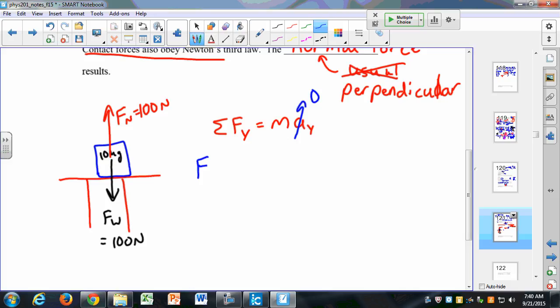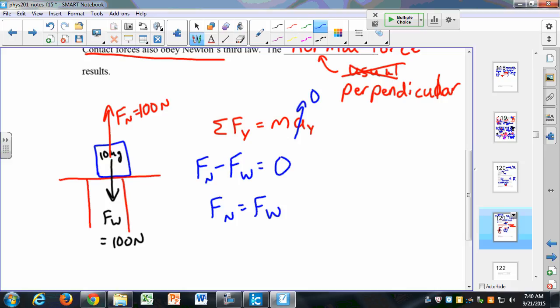Then we say Fn minus Fw equals 0, and so Fn is equal to Fw. That should seem fairly obvious to you here, right? It does seem obvious that if these two vectors are opposite one another and they add up to 0, then they should be equal but opposite.